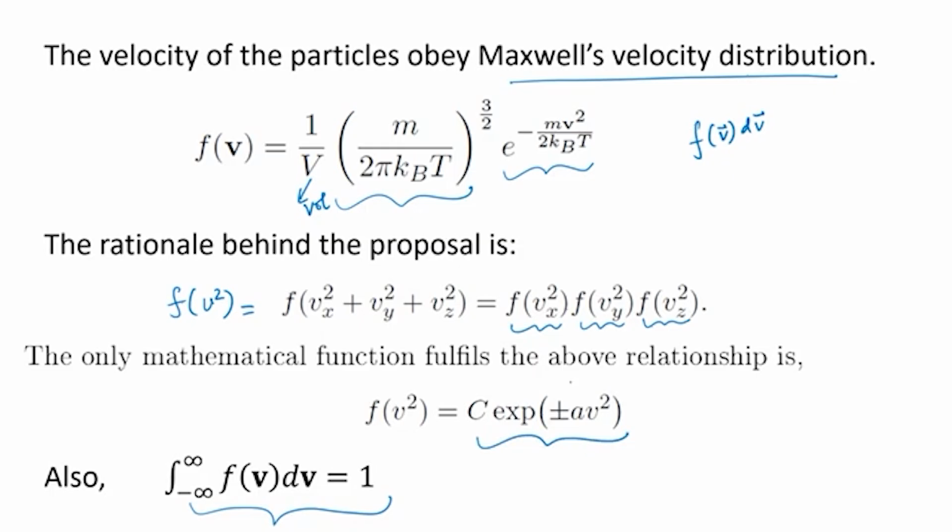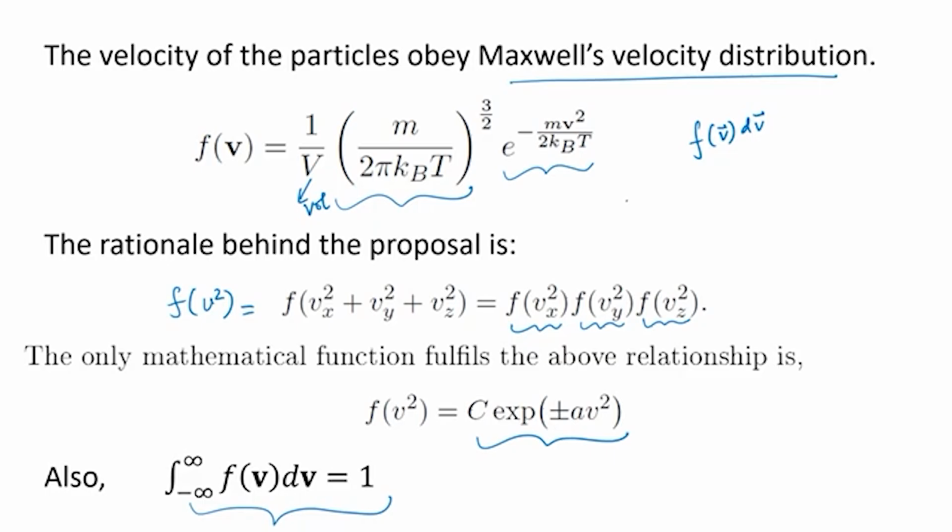Now, the plus sign does not make sense, because it will not allow the total probability to be equal to 1; rather it will blow up. So, the only plausible sign is minus, and as I said, this 1 over V times (m by 2 pi kT) whole to the power 3 by 2 comes from the normalization.